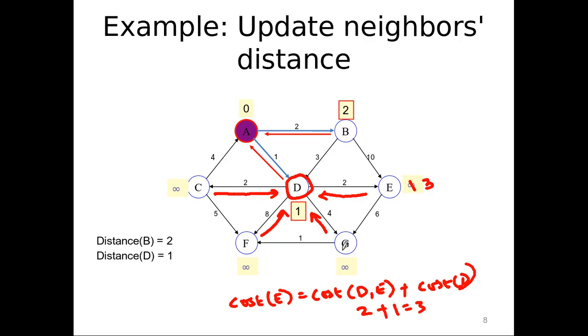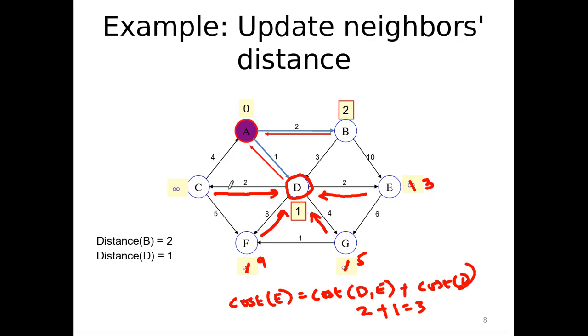The same thing will be done here. So cost of reaching G is nothing but cost of reaching D to G plus cost of reaching D. So cost of reaching D is 1, plus D to G is 4, so 1 plus 4 is 5, so 5 will be here. Cost of reaching F: D to F is 8, and the cost of reaching D is still 1, 1 plus 8 is 9, 9 is less than infinity, 9 gets updated.